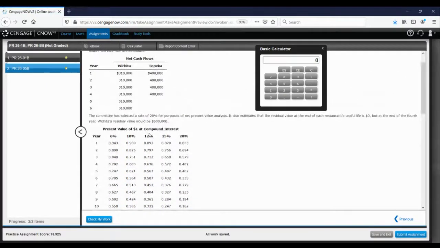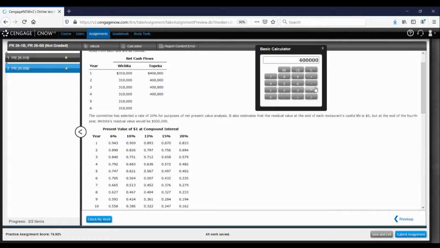So in the second example, even though Topeka's cash flows are 400,000, in order to make Cengage give you the right answer, you're going to have to use the present value of the table and make all those calculations separately. So we're going to start with year one, which was 400,000.